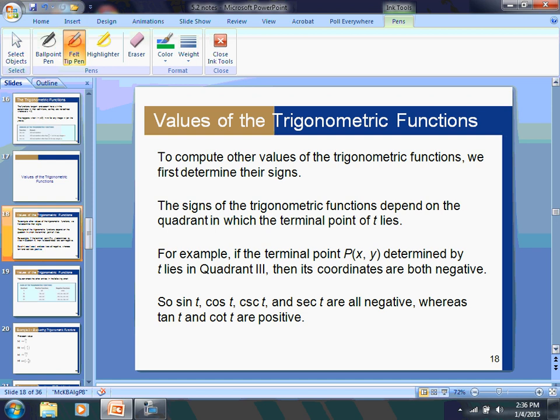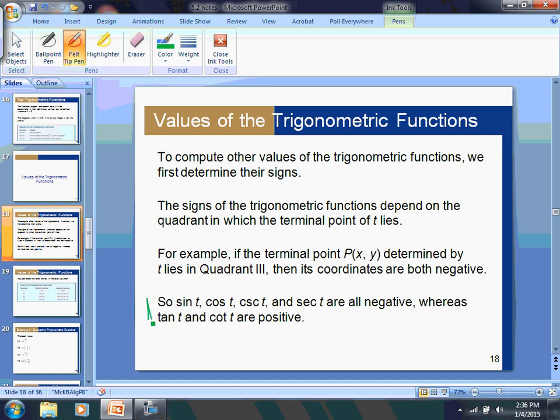Or if you have the big picture of the entire unit circle, you can just find that angle and look at your terminal point and look at the x or y value that you need in your terminal point. Okay? But knowing where the trig functions are positive and negative can be a little bit of a shortcut to help you.